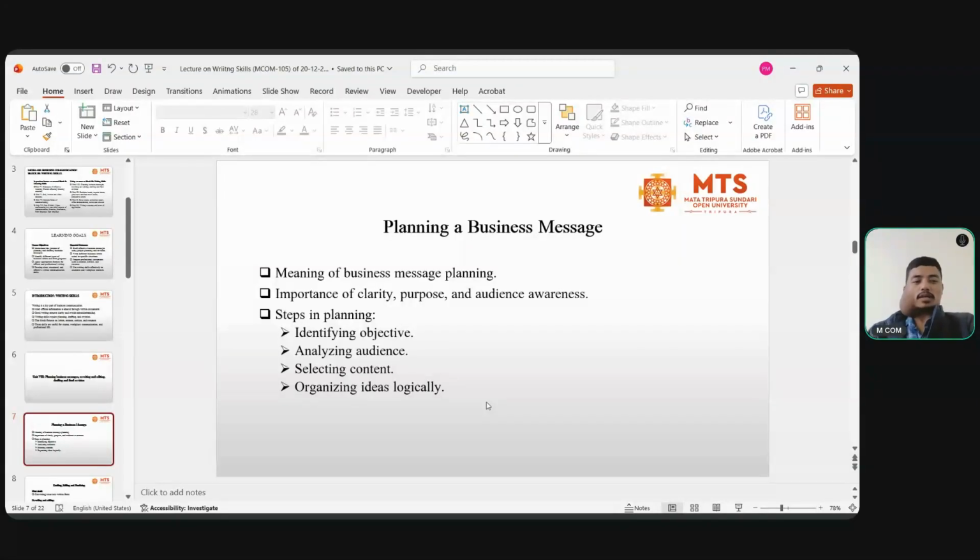If you simply include unnecessary details, your message will not be good enough. The fourth step is organizing ideas logically. Arrange your points in a clear order so the reader can easily follow your message. That is all about planning a business message.